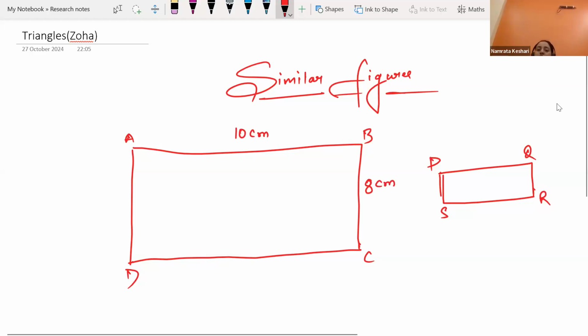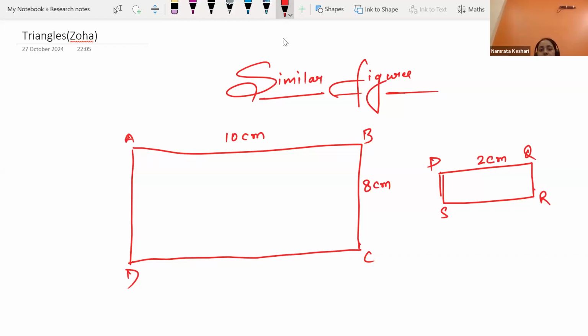Just a second. Yeah, let me take this. Now, in PQRS, suppose the length is 2 centimeter. Okay.